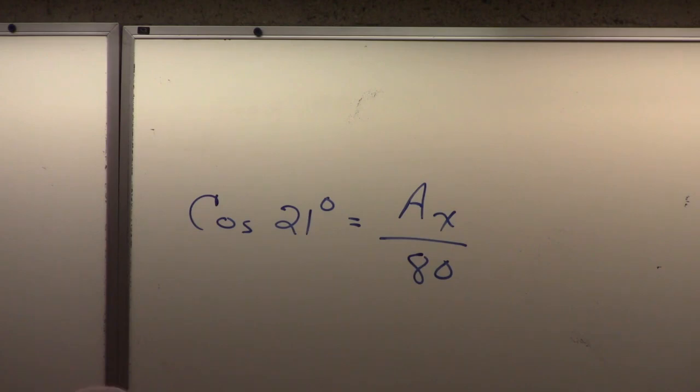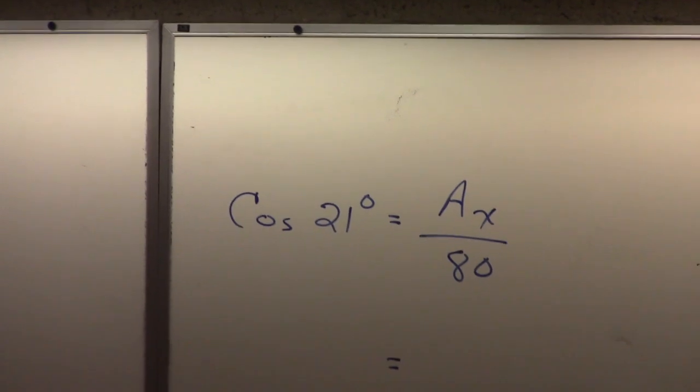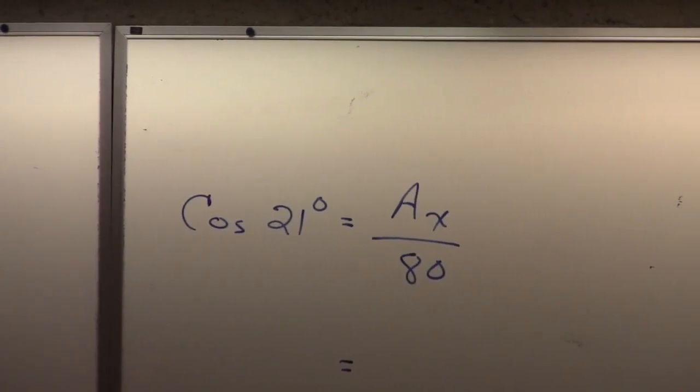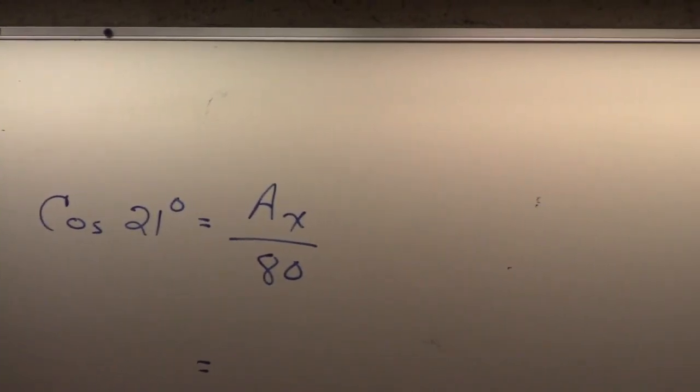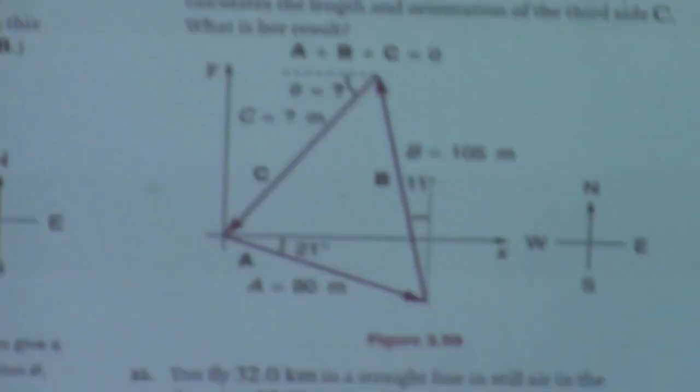But how would I get AY? You do sine 21? A sine. Yeah. And I'm glad you say that, but this one is going to take you back to your math class. Is it sine of 21 or is it sine of negative 21?